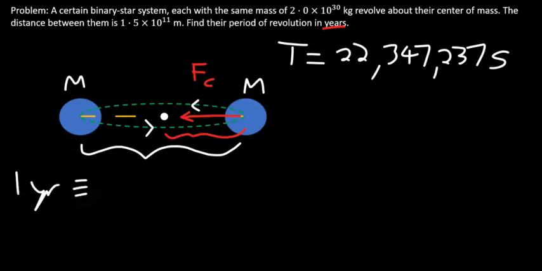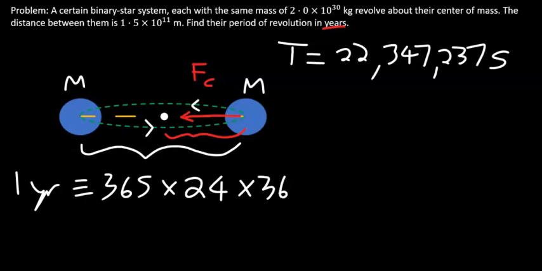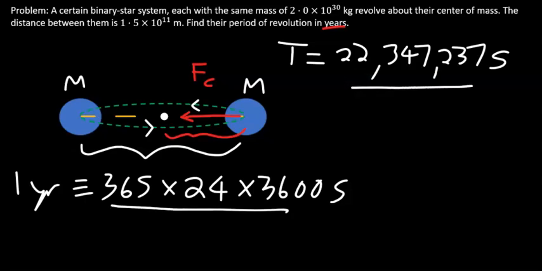Note that you want the answer in years. In 1 year, there are 365 days, and in each day there are 24 times 3600 seconds. So by taking this number and dividing that by this, you'll get your answer in years.